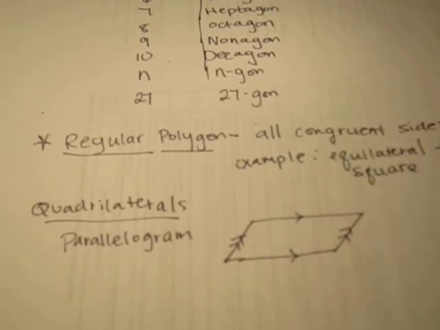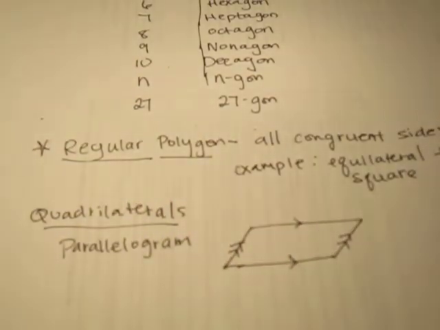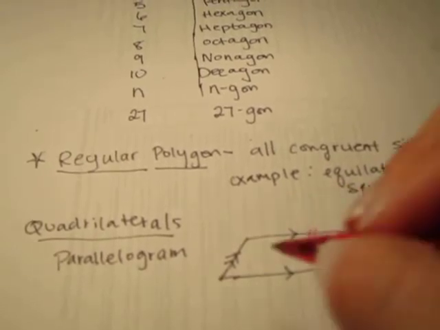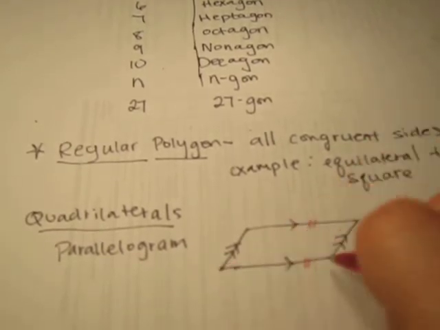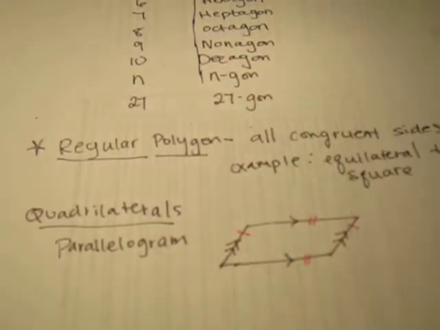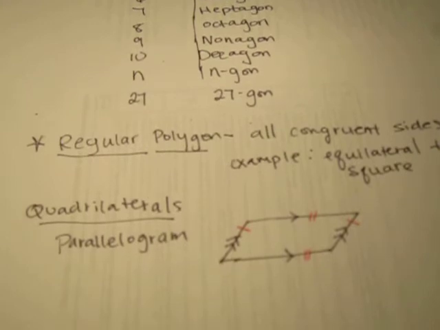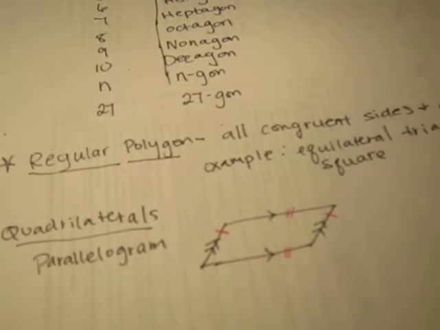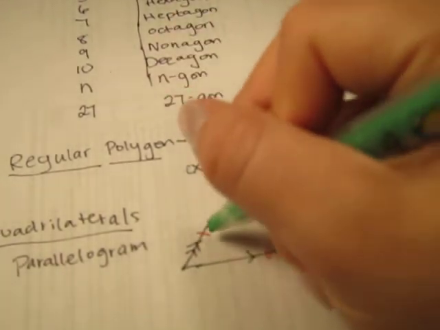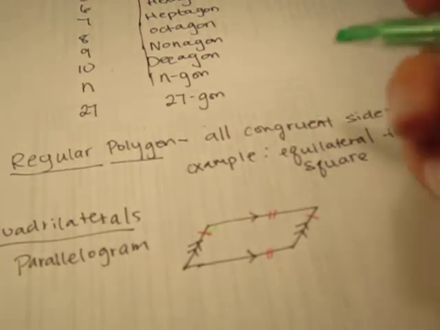But not only that, but this parallelogram is interesting because this side up here is congruent with this side down here. They have the same length. And this side right here is congruent with this side right here. But wait, it has more. Not only are the sides congruent to the opposite sides, but also the angles are congruent. So let me draw in some angles here.